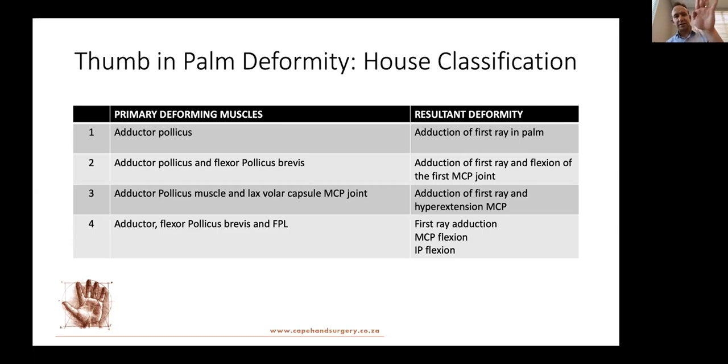That's typically the thumb that sits like this, with the web space closed and MCP flexion. And then you get the other one where the adductor pollicis is tight, but you've got hyperextension of the MCP joint, which we'll quickly speak about. And obviously with the complete thumb-in-palm, the FPL component is typically also involved.